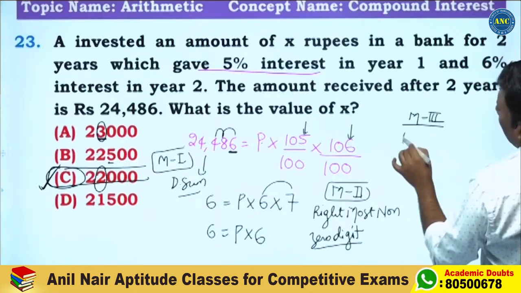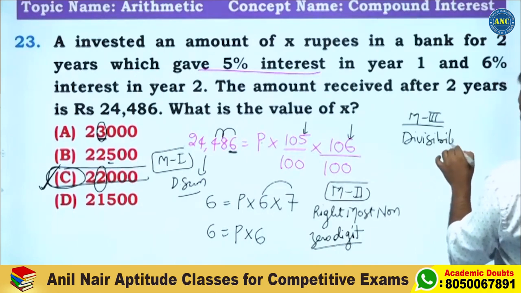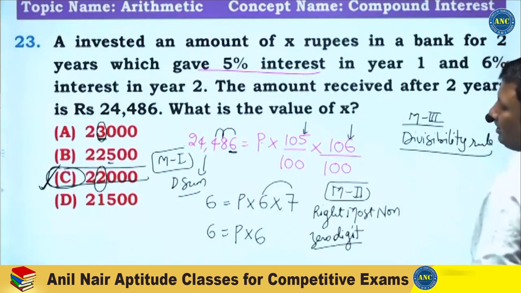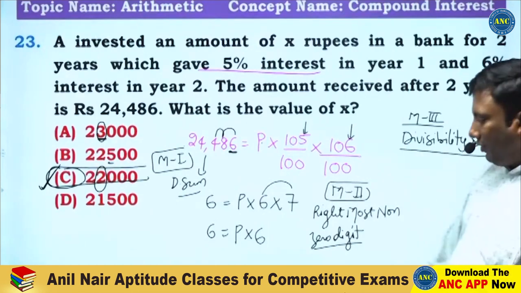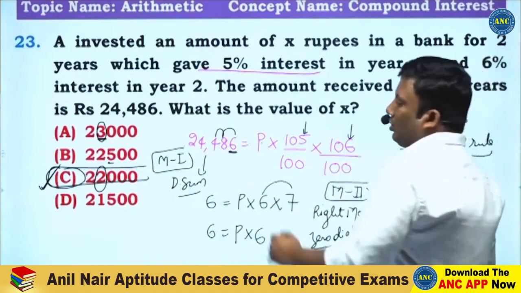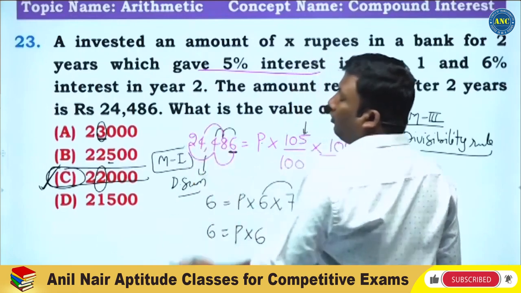Method 3, by using divisibility rule. Observe carefully in the left hand side. 6 plus 4, 10. 10 plus 2, 12. 8 plus 4, 12.